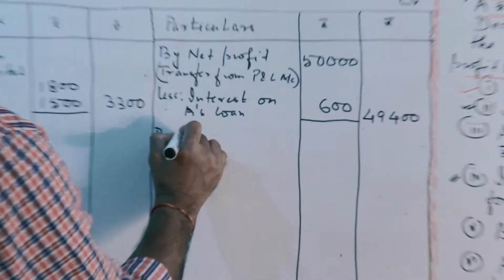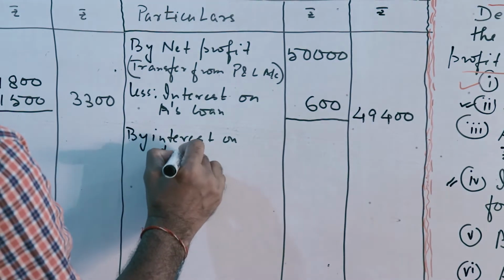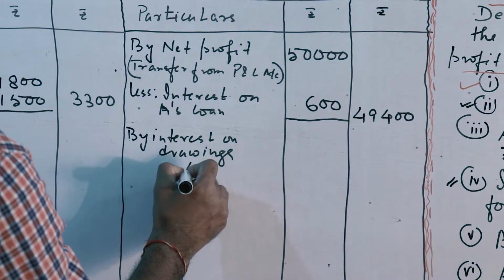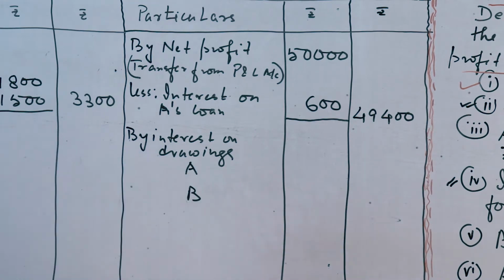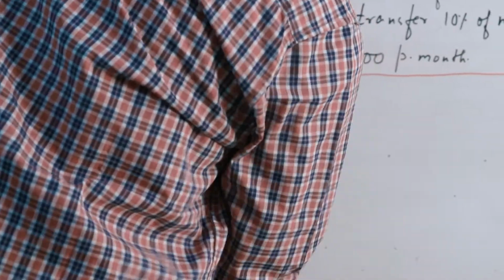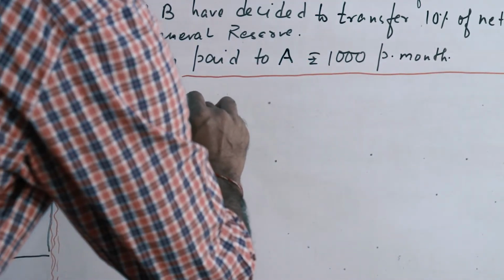Why? Interest on drawings. A, B. So now I will calculate the interest on drawings.